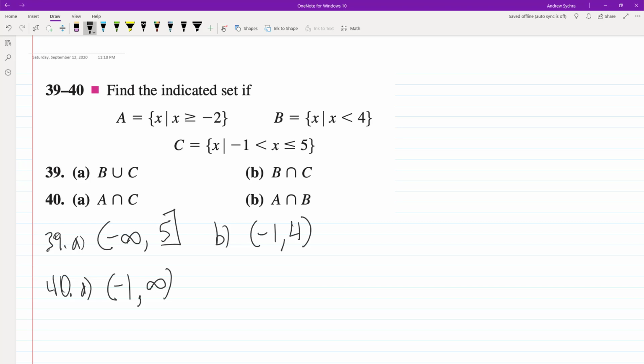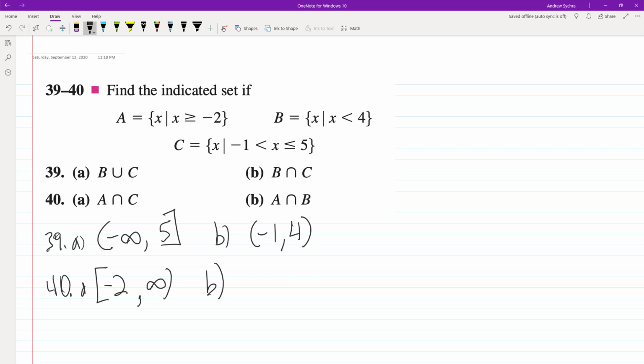Because A, anything greater than -2. Oh, you know what? I made a mistake. Actually, A encompasses all of C. So this should actually be -2. Okay, sorry about that. All right, so what do they overlap with?